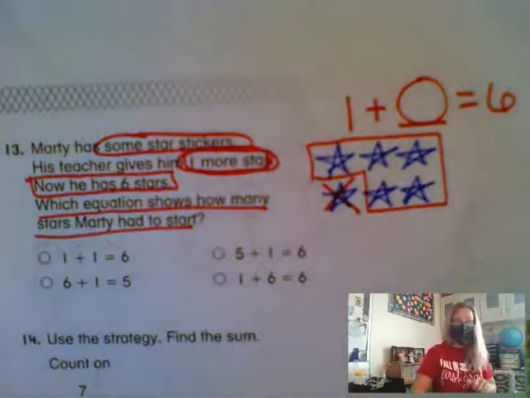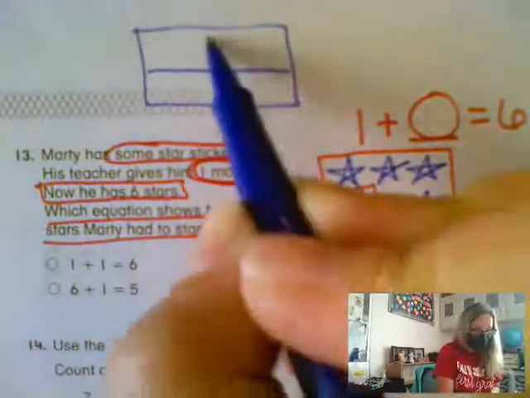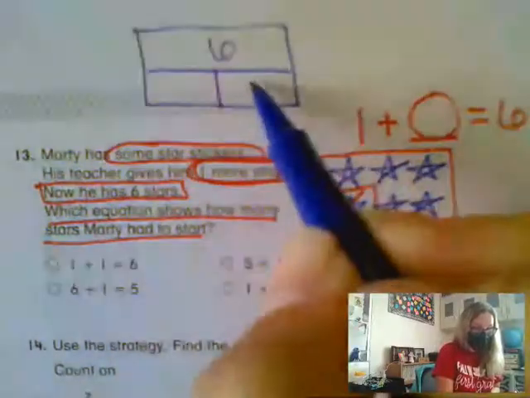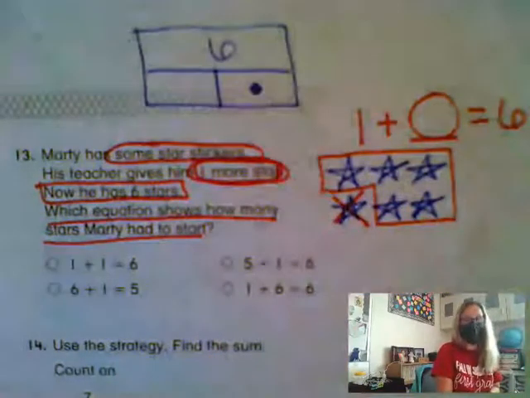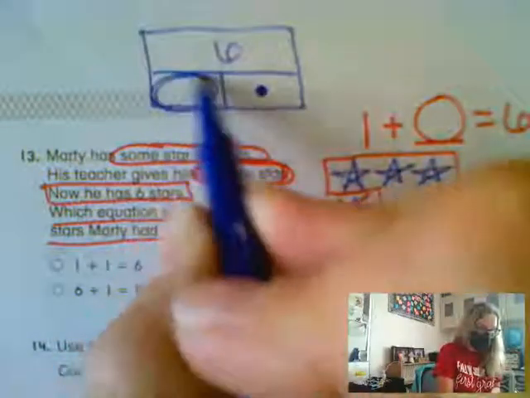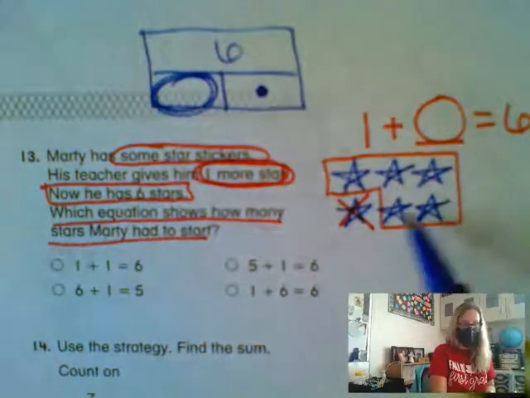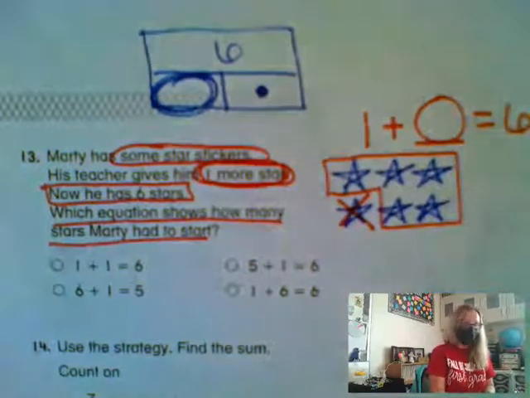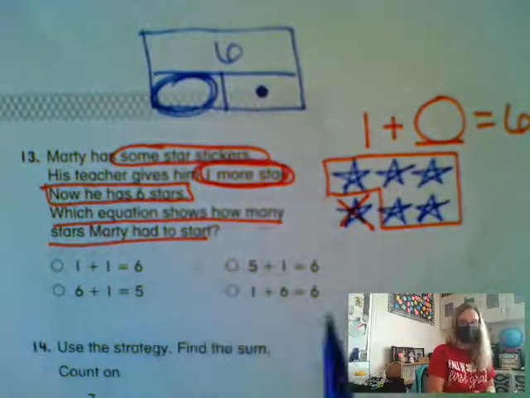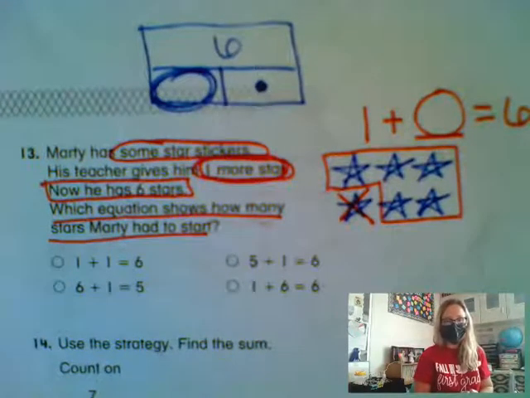If we were to draw that in a part, whole box like this, we would have 6 altogether. We would have 1 as one of our parts, and we would have to figure out how many the other part would be. And that's what this picture is showing us. And then figure out which of these equations represents those 2 parts and that whole.